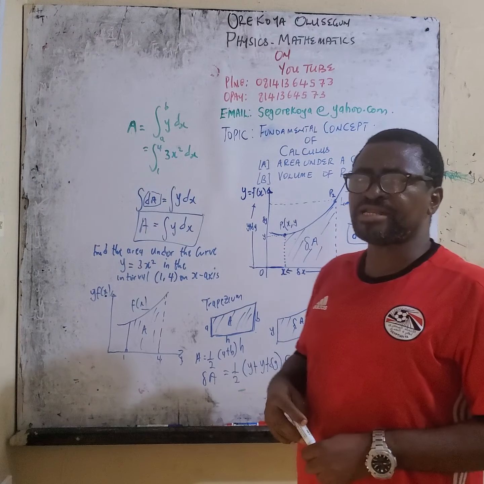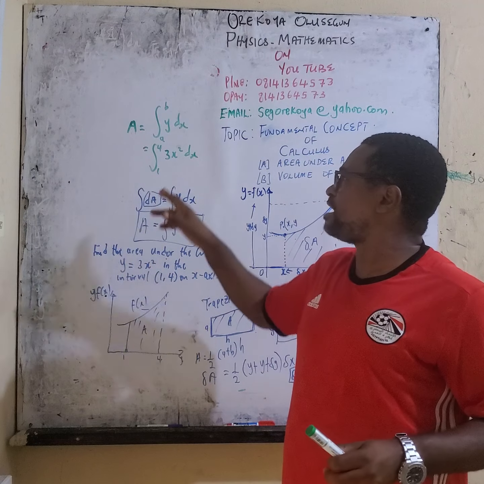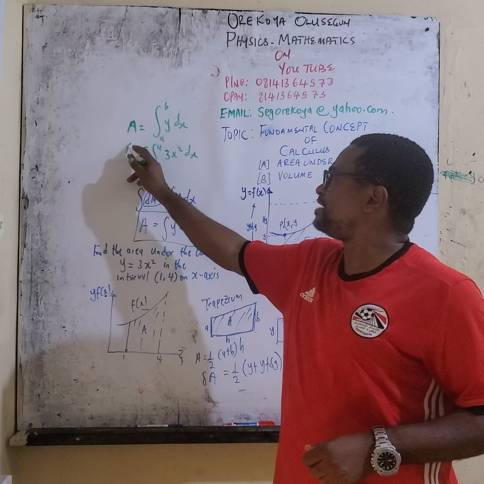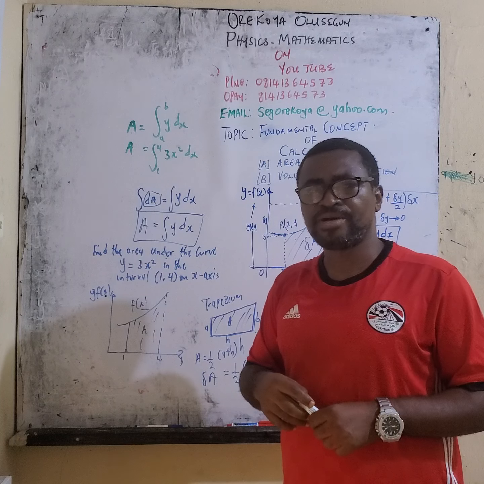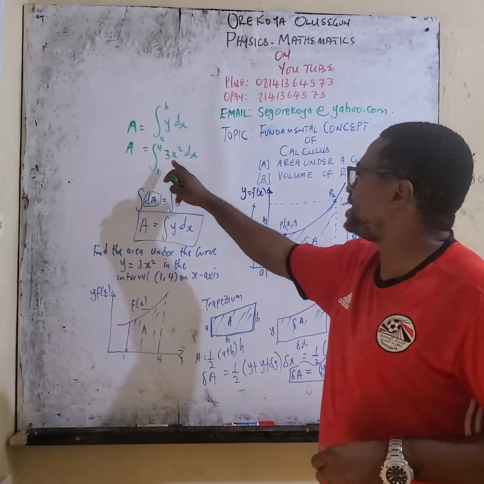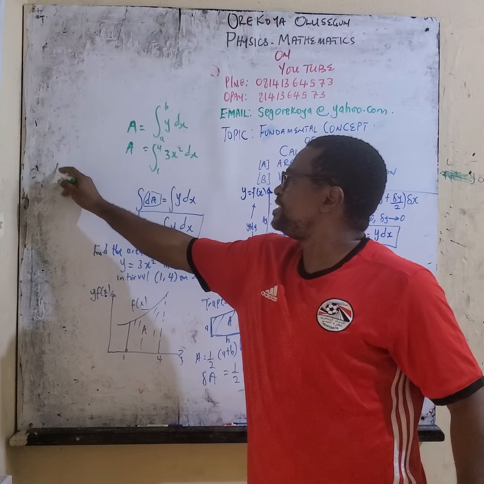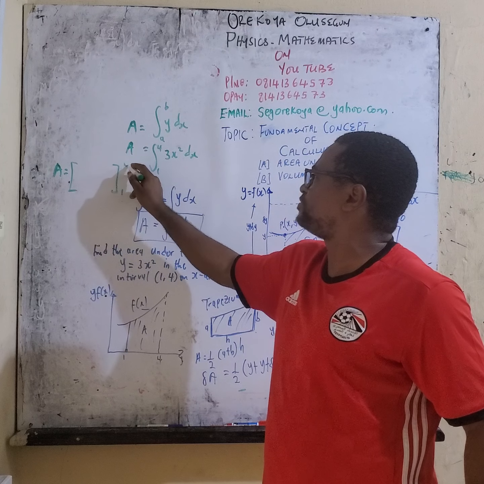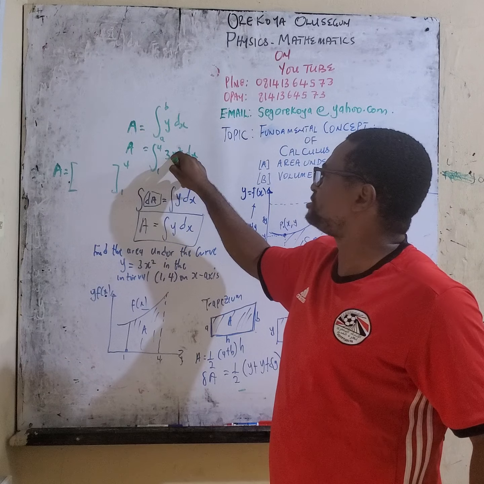In my other video, I've discussed how to integrate a given function, so you are advised to go back to that video. Now, I will put the interval outside here, like this, 1 to 4. So you add 1 to this power.